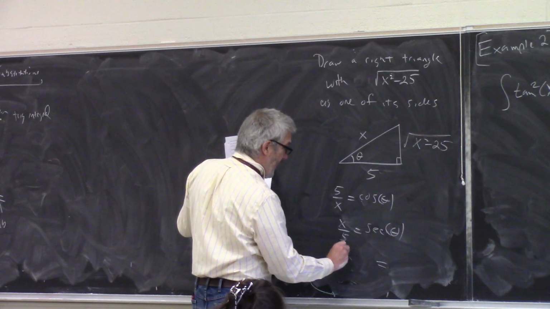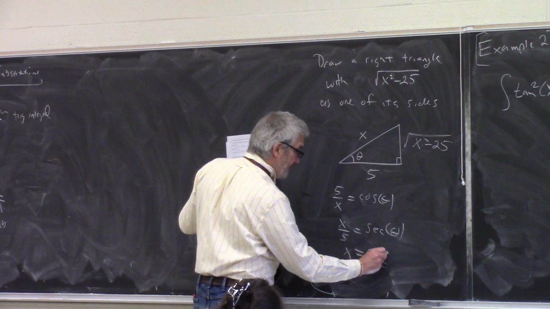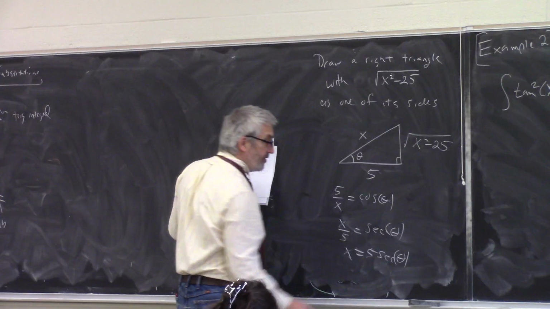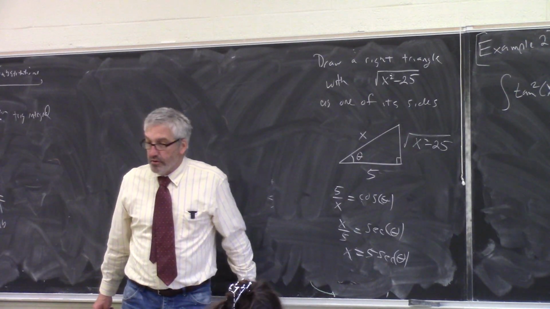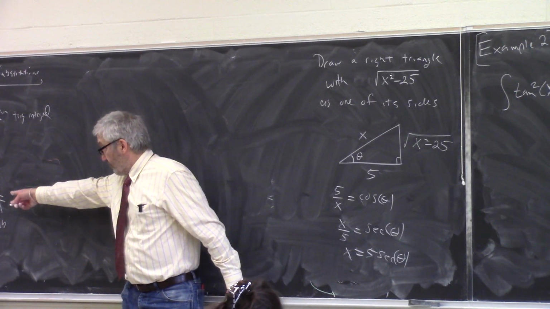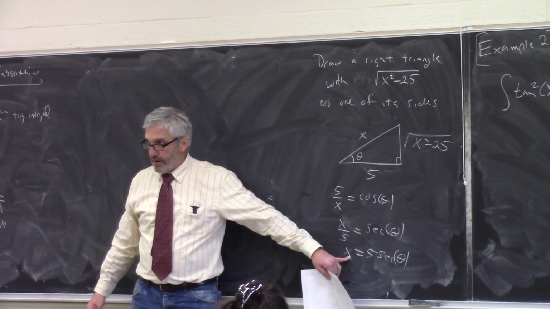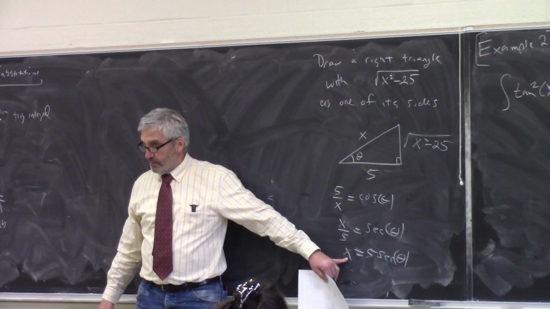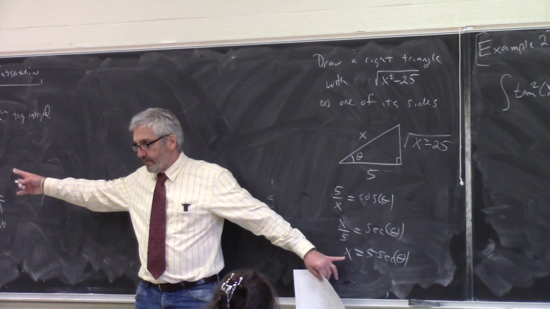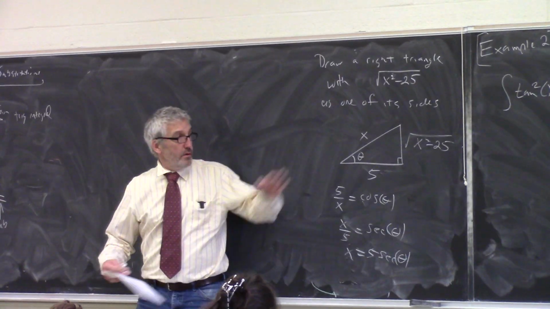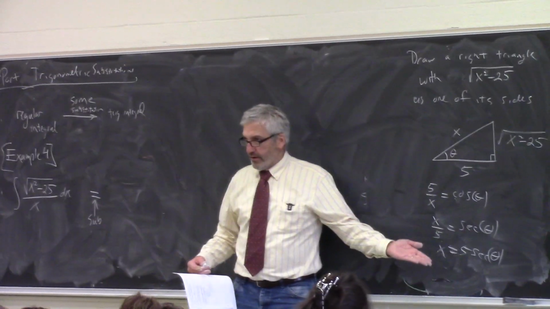So that means that x equals 5 secant theta. So that's the substitution that the book would tell you to use in this situation. When you get an integral like that, use this as a substitution. And here's where I'm saying, don't think about memorizing that. When you've got that, you just build your triangle and figure it out.